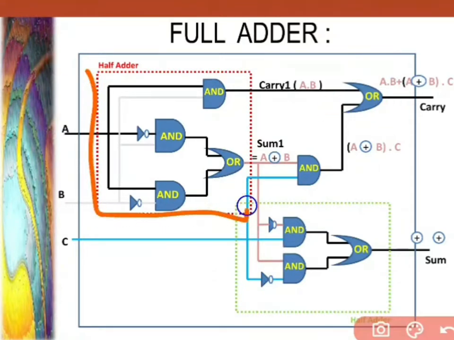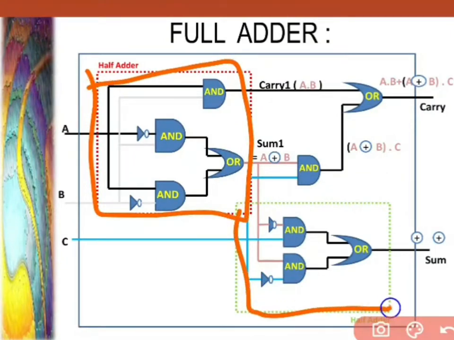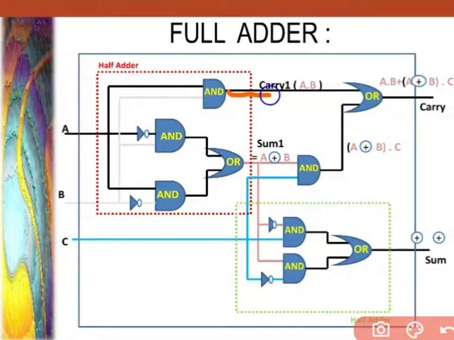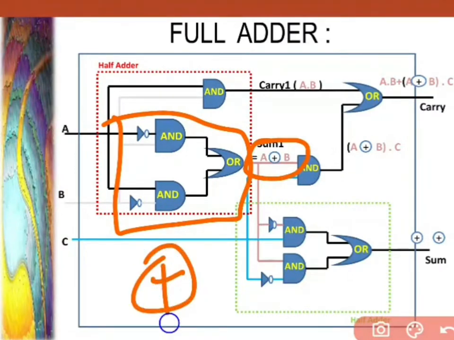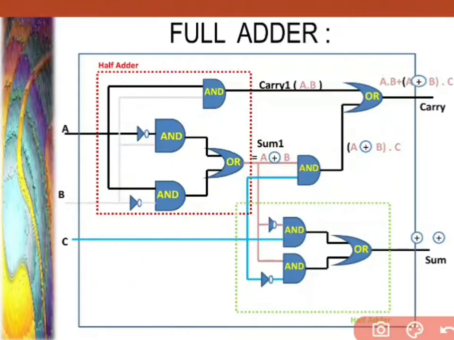Here we have our first adder and here our second adder. From the first adder we get carry 1 and sum 1. Because we have XOR gates, the formula is A XOR B, which is the sum from the first half adder.